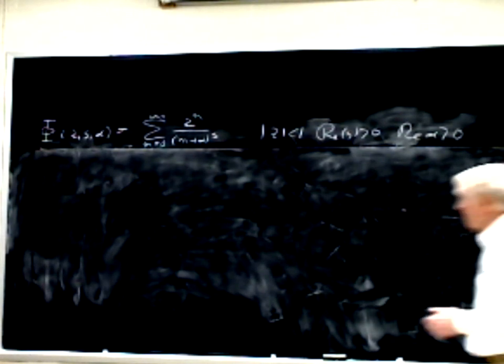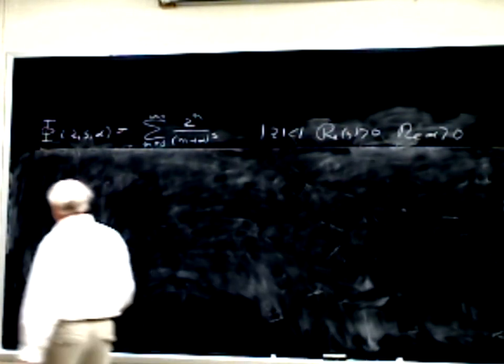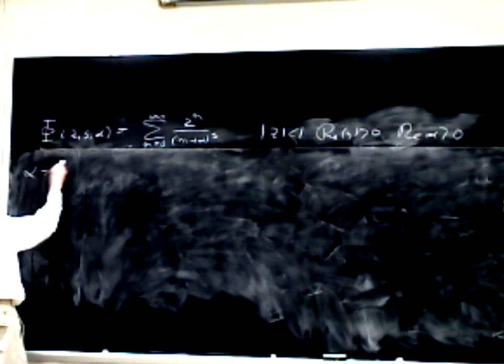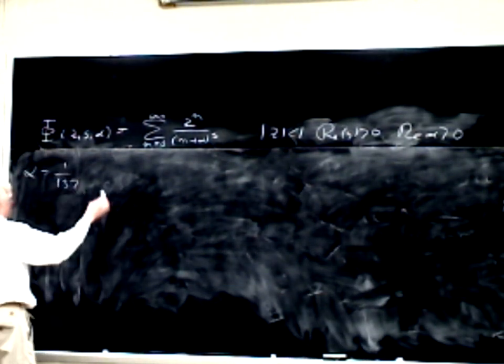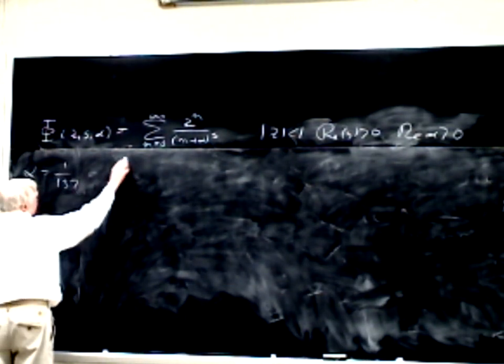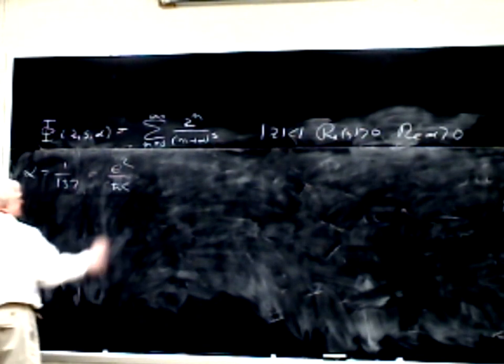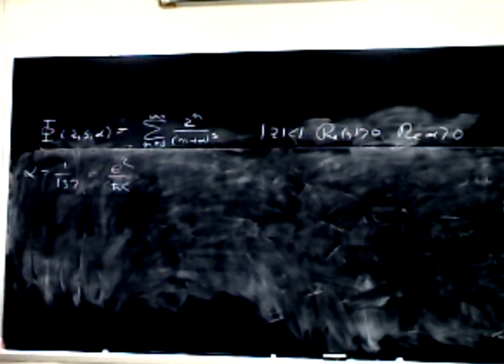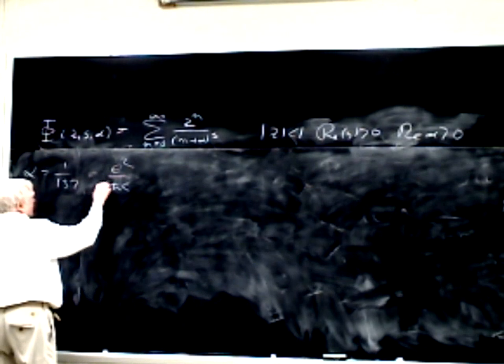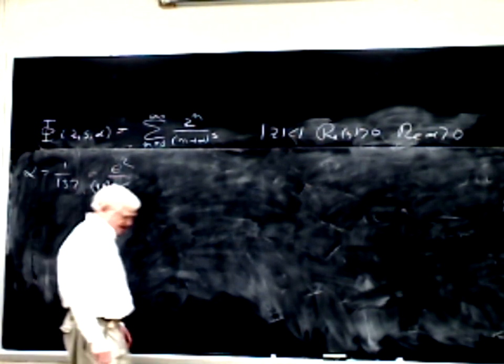Often the small parameter is the fine structure constant alpha, which is about 1 over 137. In some units it's e squared over h bar c, in some units it's e squared over 4 pi h bar c, depending on the units.